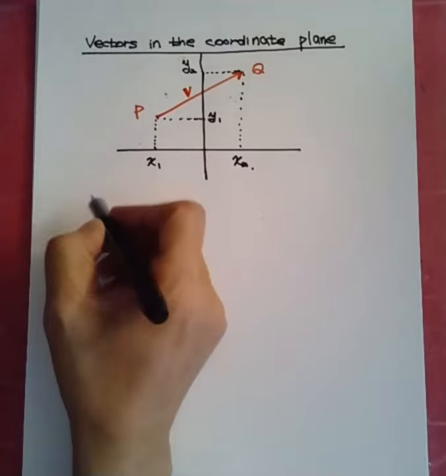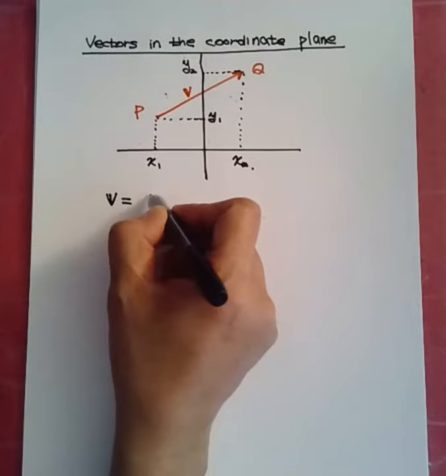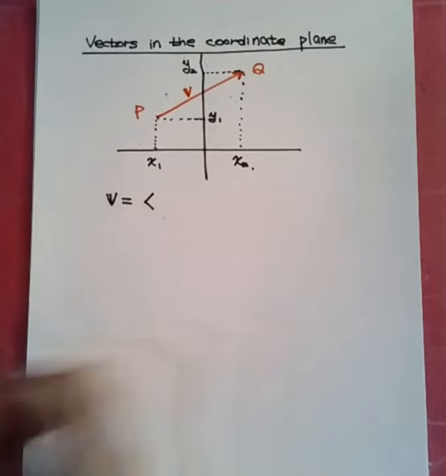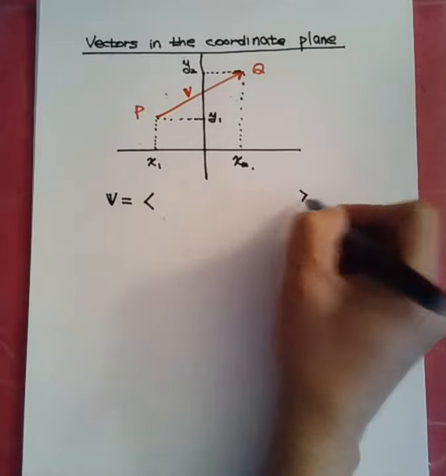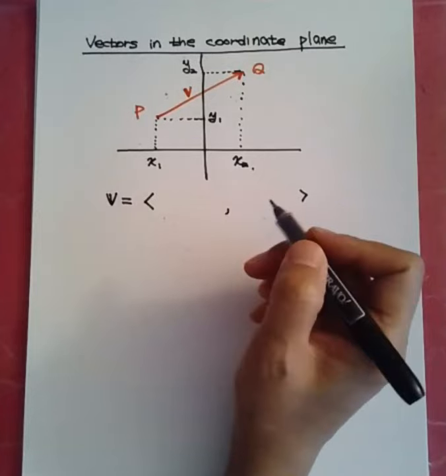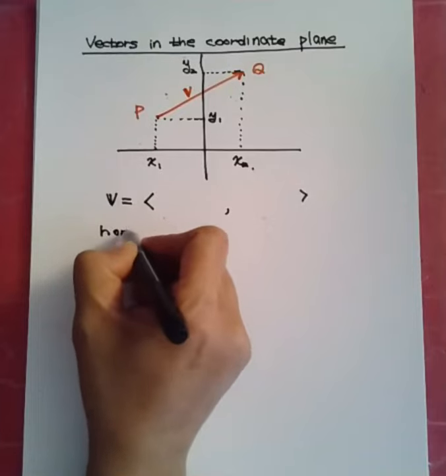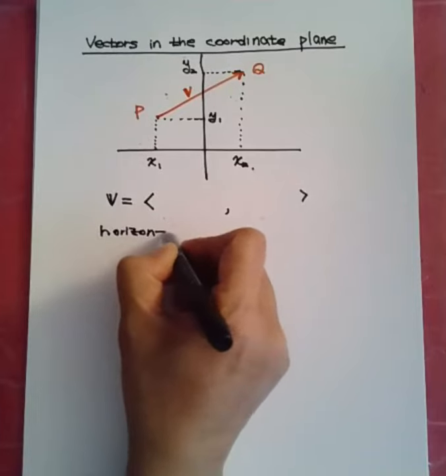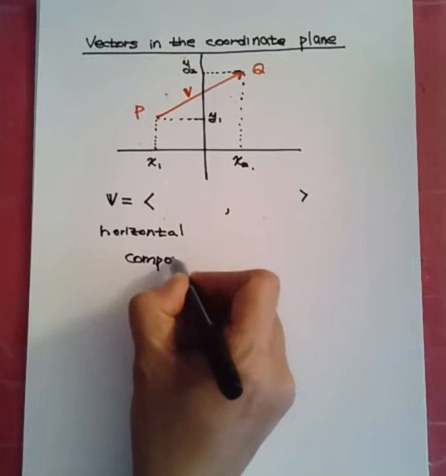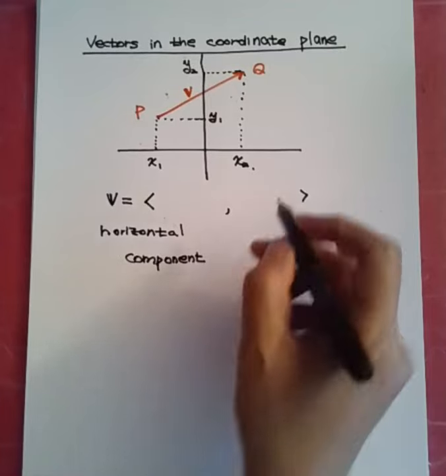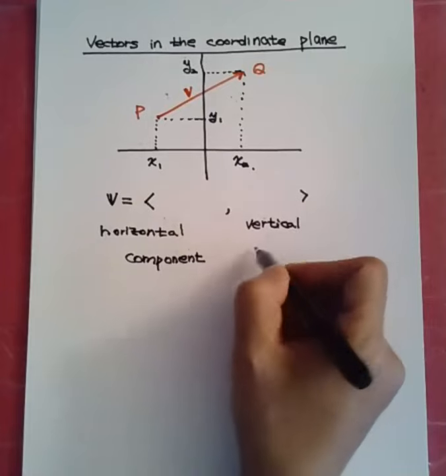Then we can denote that vector in a coordinate form by using something similar to arrow notation. Those will have two components. The first component is the horizontal component. The next component is the vertical component.